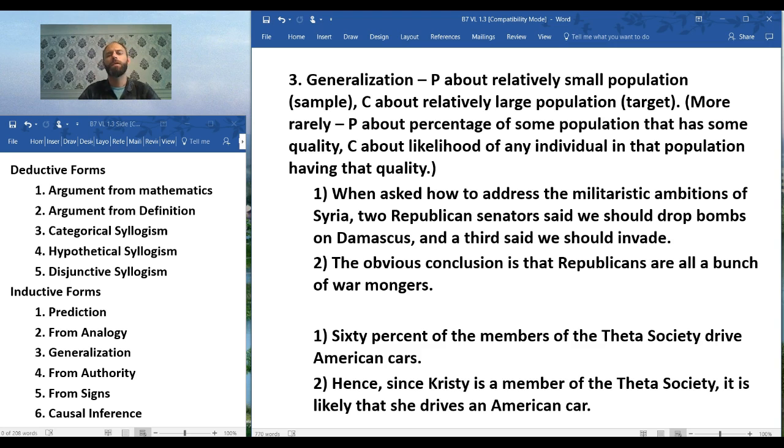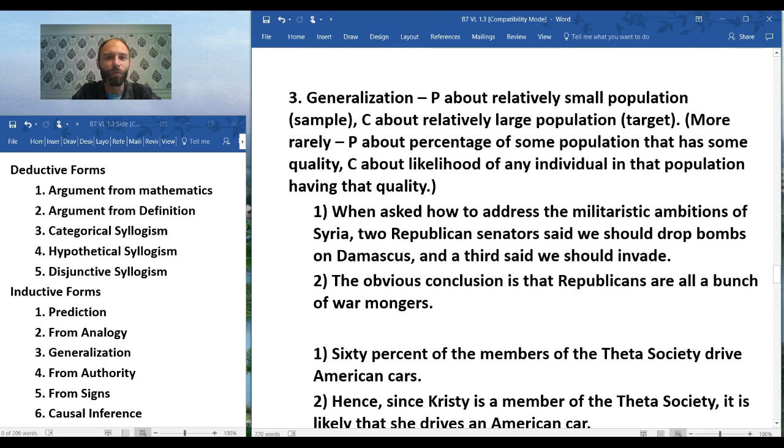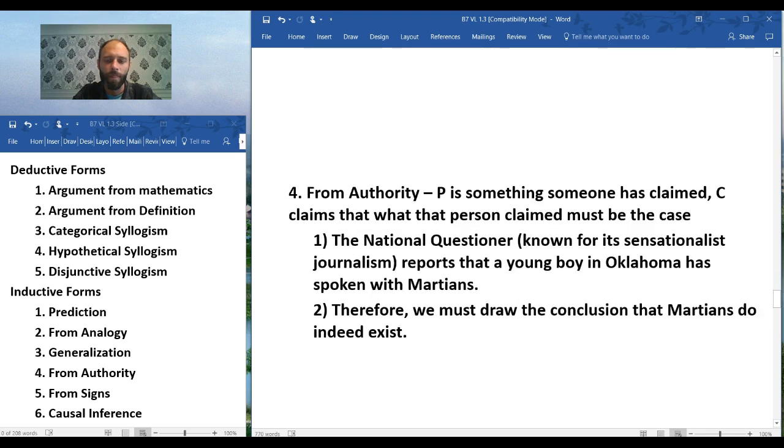So here we see a generalization where it talks about a population, the percentage of which has a certain quality, driving American cars, and the conclusion that a specific member of that population has that same quality. If I was going to do this again, I would break up Christy as a member of the Theta Society into another premise, but I didn't. So you can see that arguments from generalization are inductive arguments.